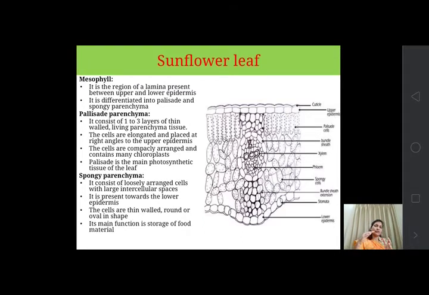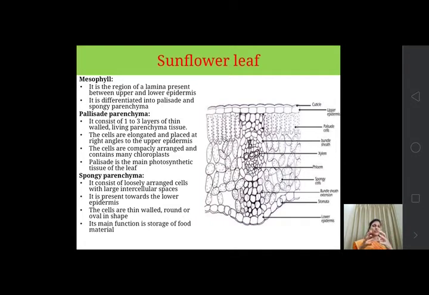So you can see in the figure long, column-like cells which are compactly arranged. These column-like cells are known as the palisade parenchyma. And just after the palisade cells, there are oval or elongated, thin-walled cells which are loosely arranged.